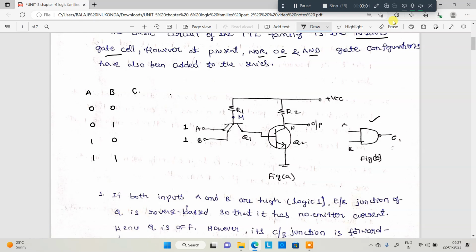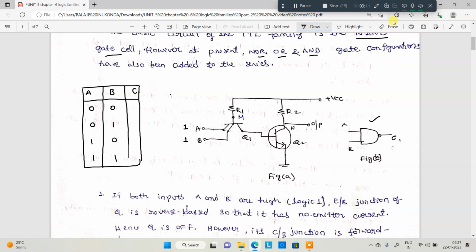I am taking this last case. What is the NAND logic you may expect? NAND is nothing but output C equals (AB) whole bar. That is the NAND gate logic. So both are 1, 1 into 1 is 1, 1 bar is 0. So you may expect 0. Let's see whether we get the output as 0 or not in this case.